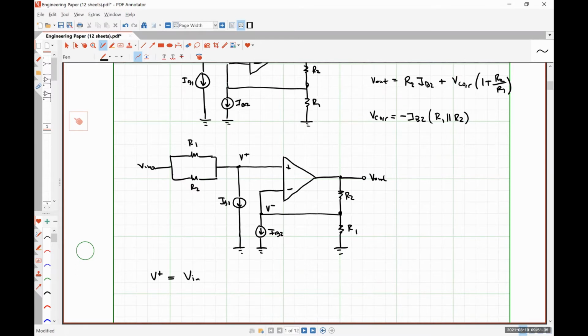So we're going to have Vn minus IB1 times R1 in parallel with R2. And this is going to be exactly equal to our voltage V minus.